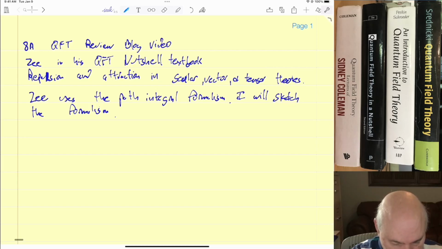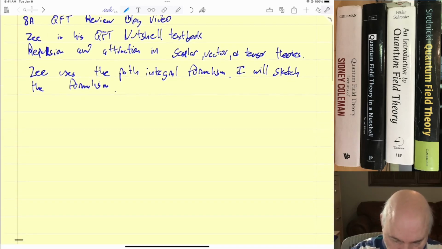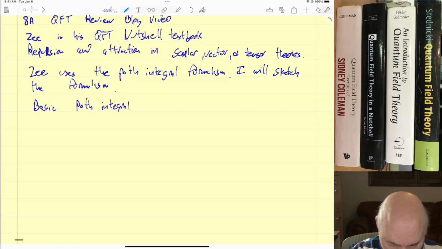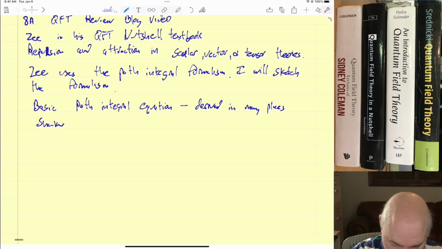So let's start with the basic path integral equation. Now this is derived in many places, not just in quantum field theory books like Shankar's book. A QM book derives this.